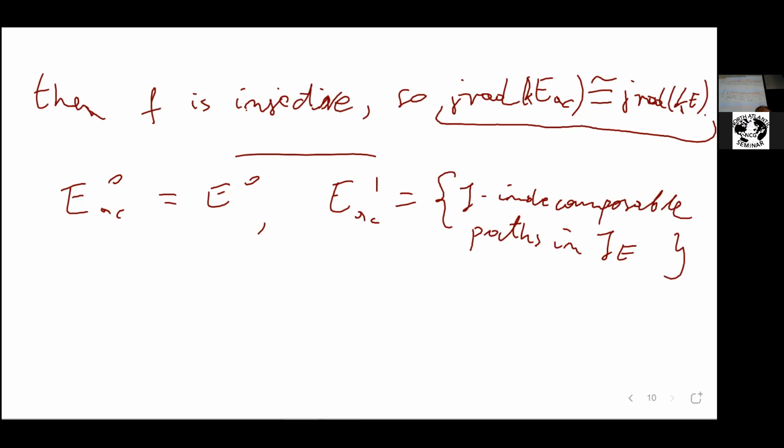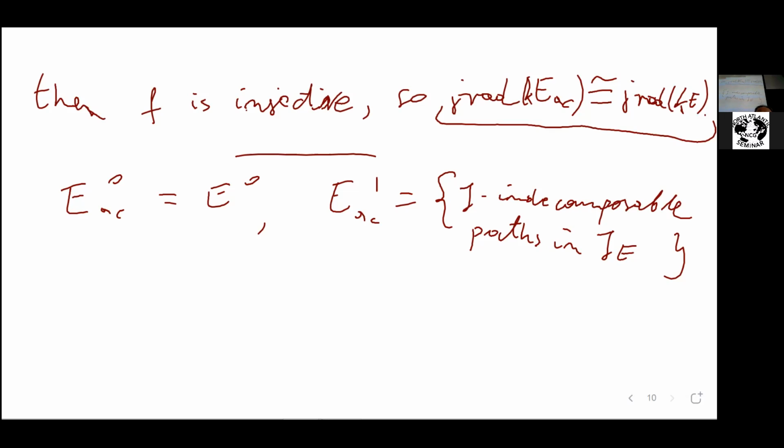So I have incredibly many edges, right? Typically, I have infinitely many edges, which is all right. So every J decomposable path which I have in JE, I turn with a magic wand into an edge. Okay.